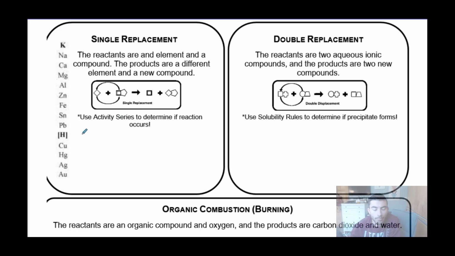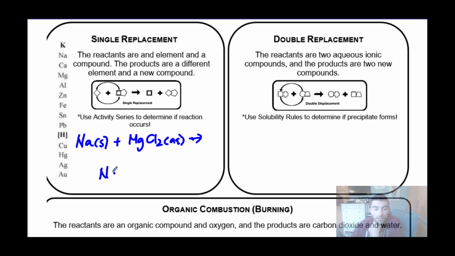So I'll give you an example. Like if we looked at sodium metal and magnesium chloride in a single replacement reaction, let's make it a solution of magnesium chloride, then what I'm looking at here is sodium's a group 1, magnesium's a group 2, sodium being in group 1 should be able to replace that magnesium.